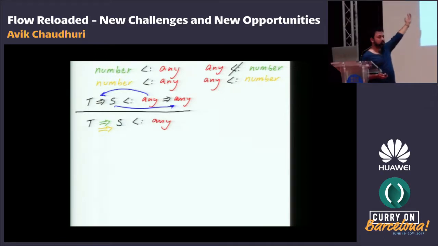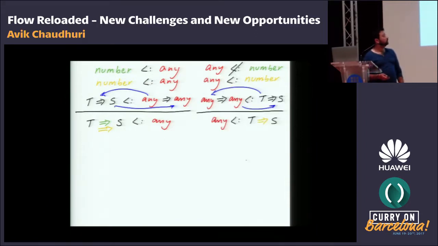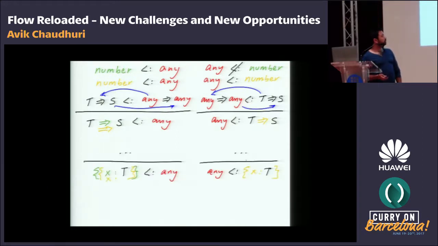If you have a function type that is escaping to any, all you do is do what other gradual type systems also do, which is treat any as the function type any to any, and then your normal subtyping rules kick in and mark your parameter types as untrusted, which is exactly what we want in this scenario. Same in the other direction. This is just pure typing going on.